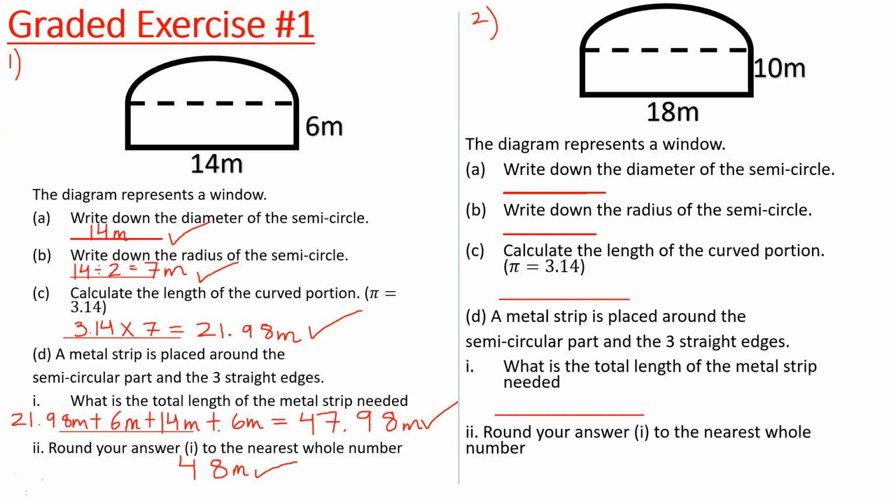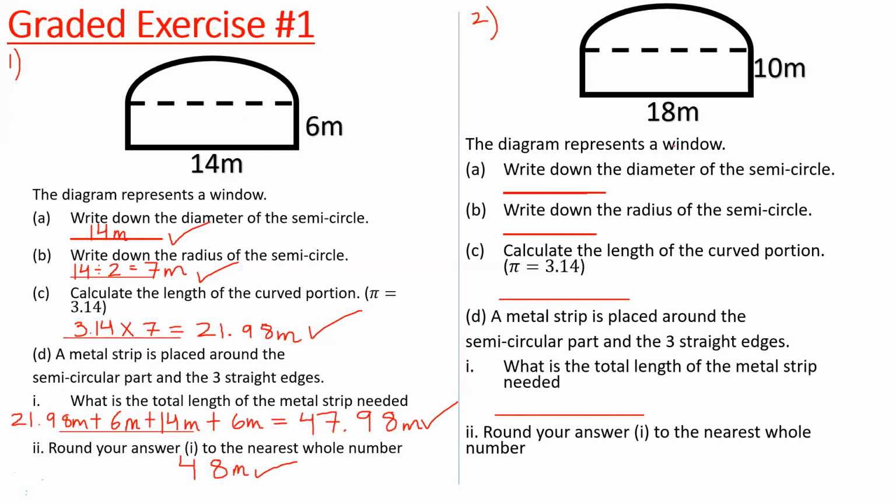Which part? Number 1C, when you multiply it. Okay. And that affected D(i) and D(ii). But I know how to do it. Yeah, that's important.